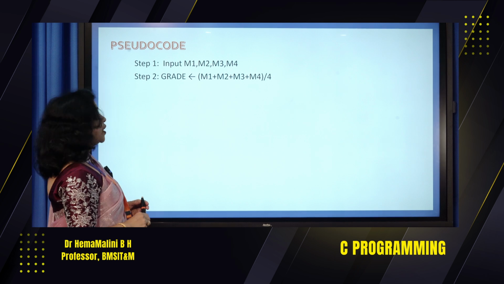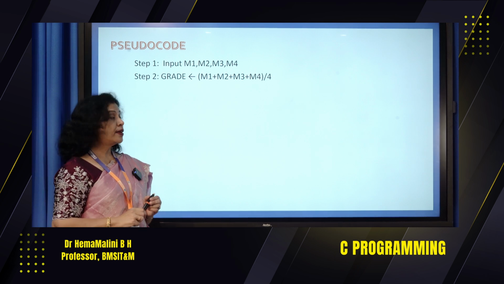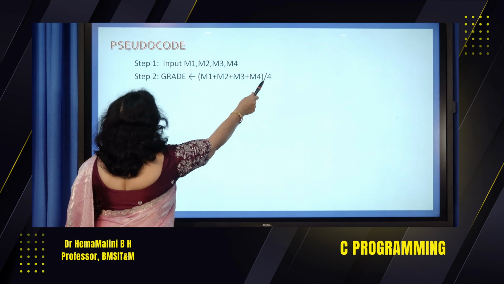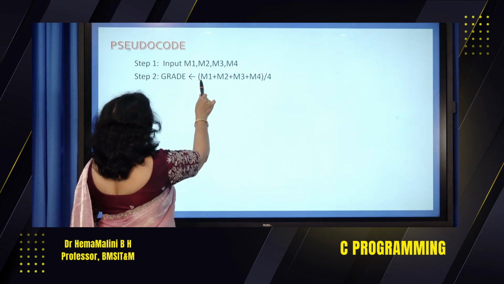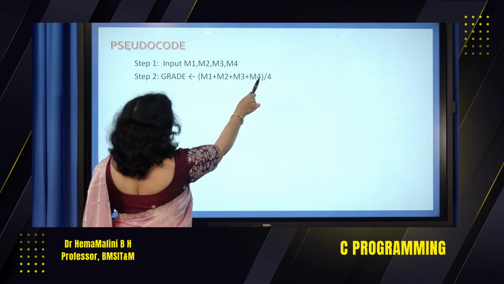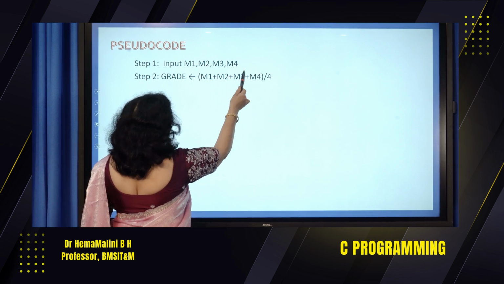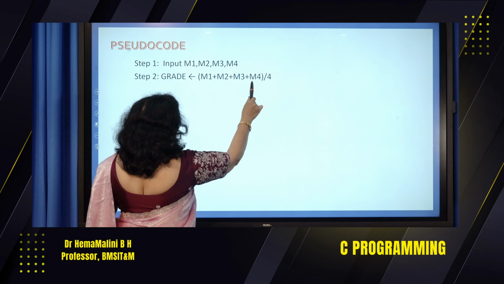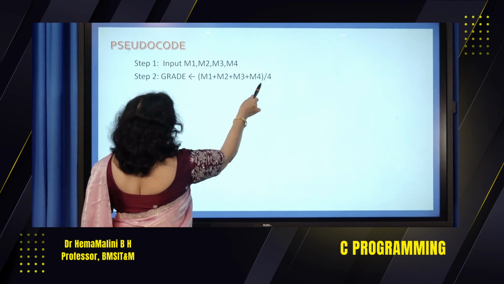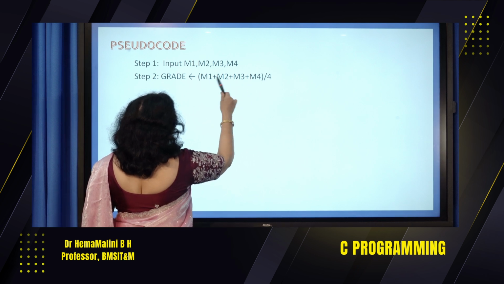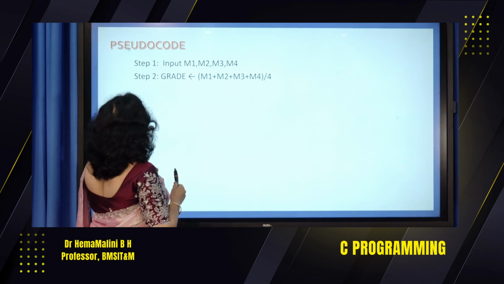Step 2, we are computing the grade, that is, as we said, the sum of all 4 divided by 4, that is (M1 + M2 + M3 + M4) / 4. Do not forget to put the bracket. If you do not put the bracket, it will become only M4 by 4, but actually we need the sum of all the 4, that is why we write the bracket, then divide by 4.